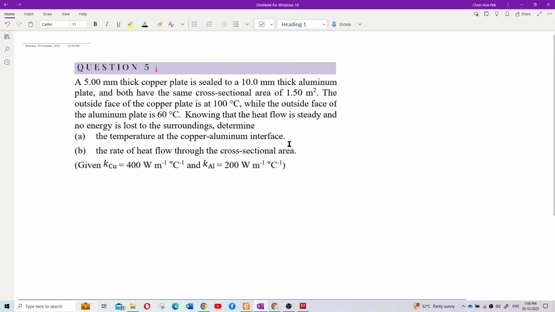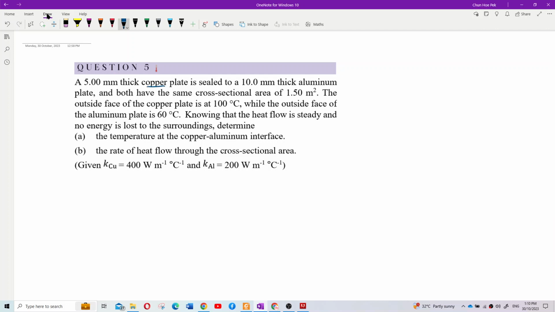Okay. So what does it mean by this question? Let me explain. Here we have two items. One is copper and the other one is aluminium. And here he mentioned the thickness.